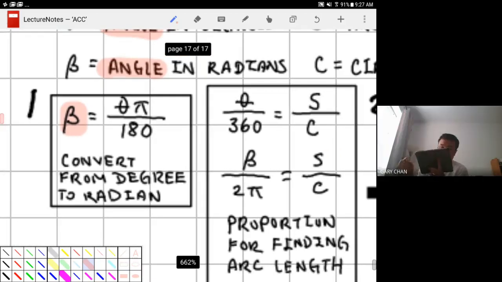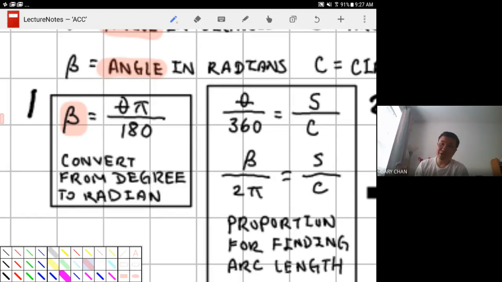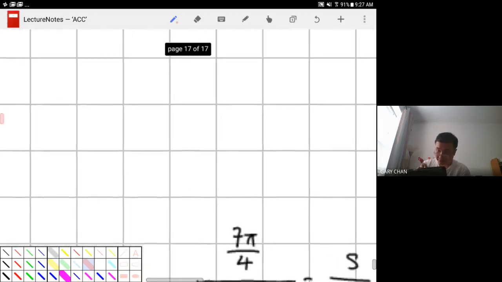Radian. And the number they gave you in the problem, is that a degree measure or a radian measure? Radian measure. So therefore, is that number beta or theta? Beta. That is beta.